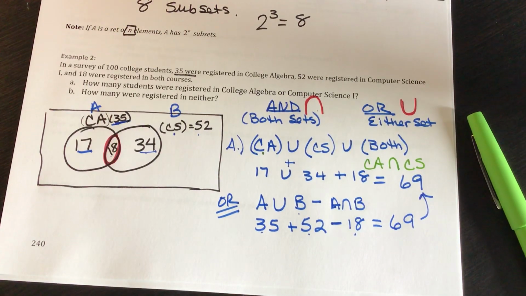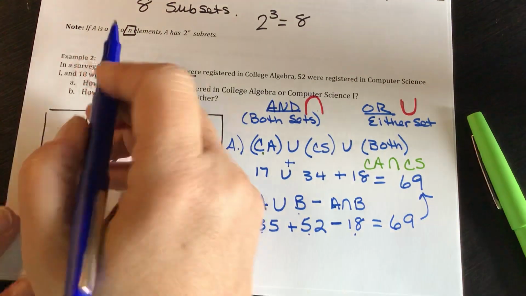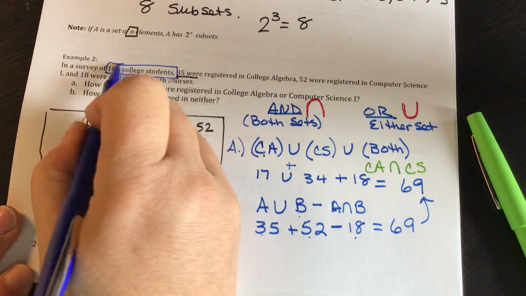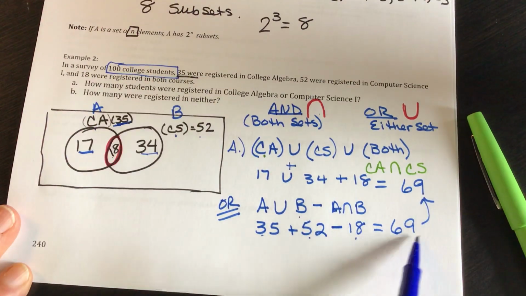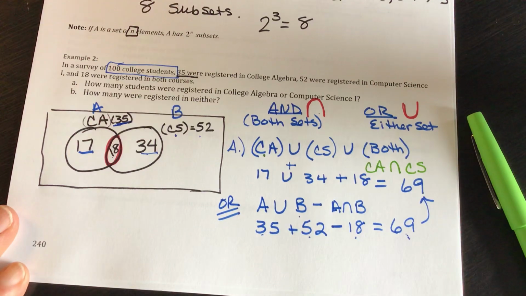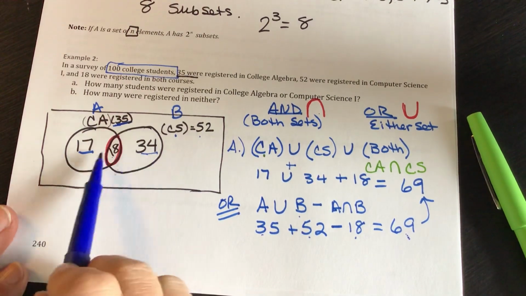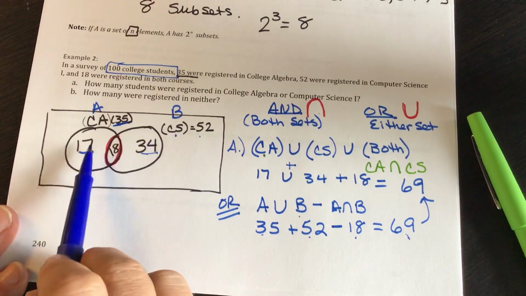In part B, it asks how many were registered in neither course. Well, in the directions, it said that we had 100 college students. Okay, so this is showing us we have 69 registered in either or both computer science or college algebra.